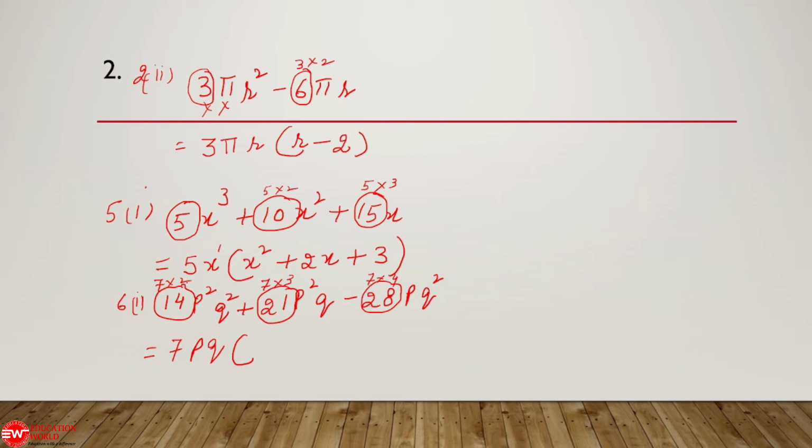Now inside, 2: one p you have taken, one p still inside, and one q. Q is plus. Next is 3, 7 you have taken. One p you have taken, so it is p. Then q you have taken, no need to write. Same way 4, p you have taken and q. So this will be your answer for this one.